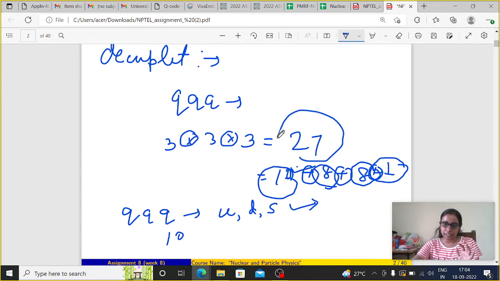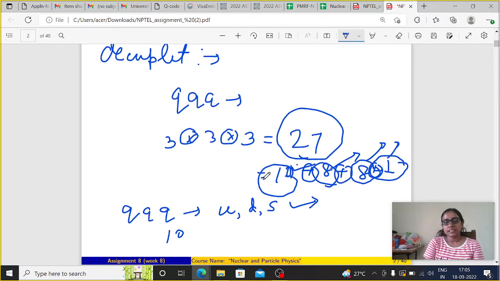Among the 27 combinations, what will be the 10 particles, the 8 particles, the other 8 particles, and the last one, the singlet anti-symmetric particle? I am talking about what will be the configuration for those 10 particles, and for the one singlet.